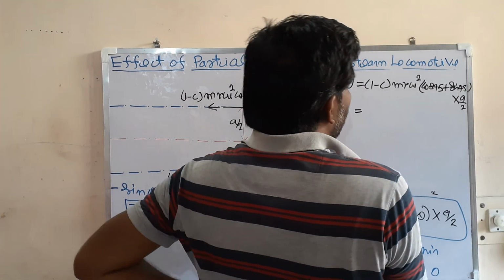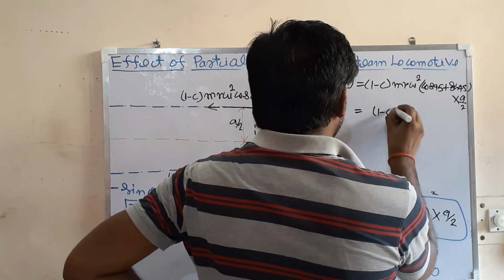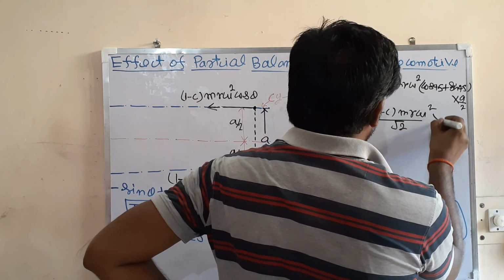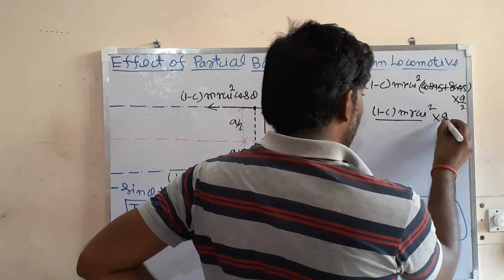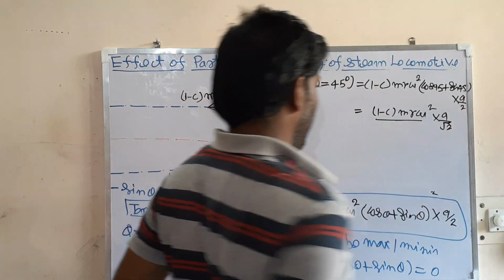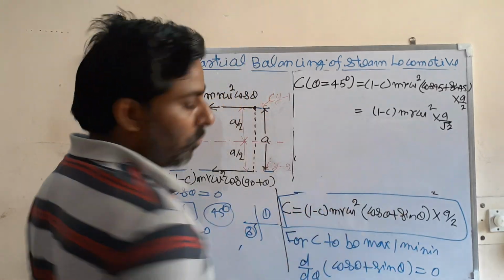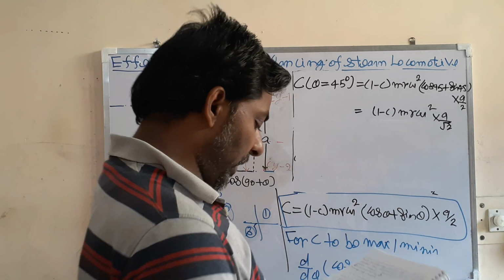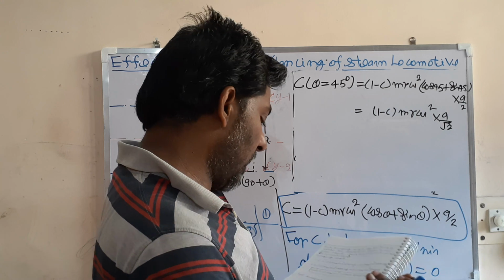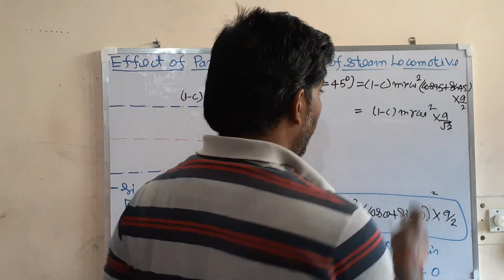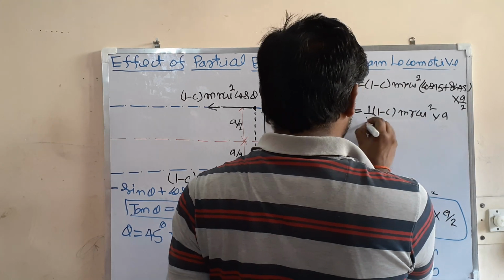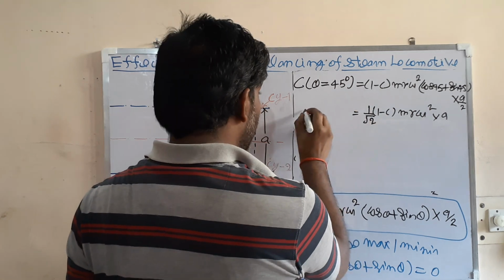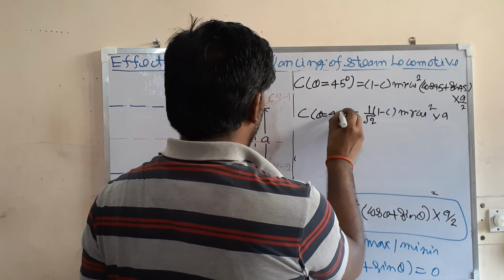So we are getting (1 minus C) m r omega square divided by root 2 into A. So we can write A by root 2 here. Let us check it. So we are getting 1 by root 2, (1 minus C) m r omega square into A. I have written 1 by root 2 because that will be easy to remember. So at 45 degree we are getting this.